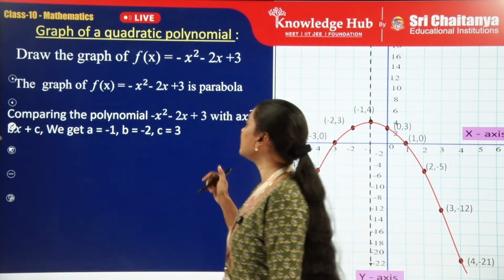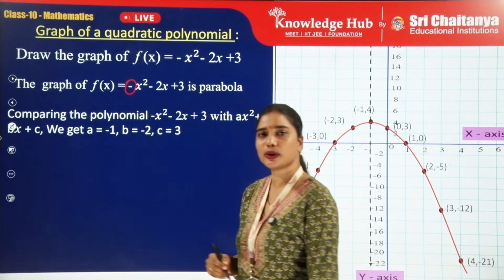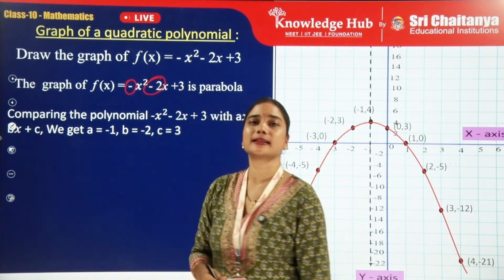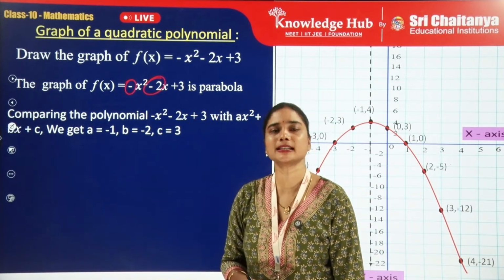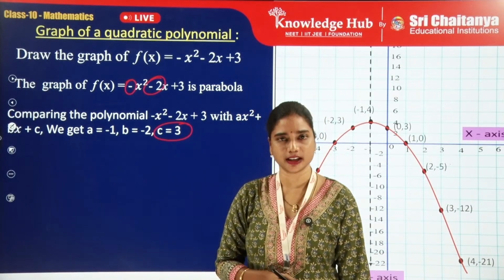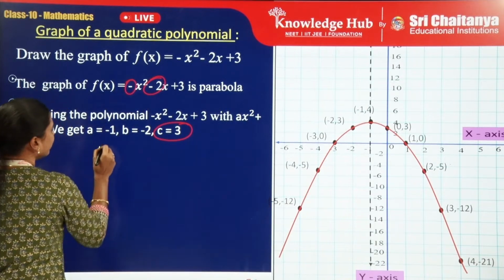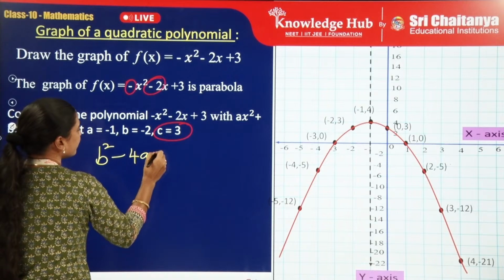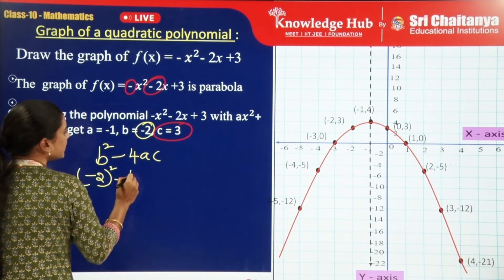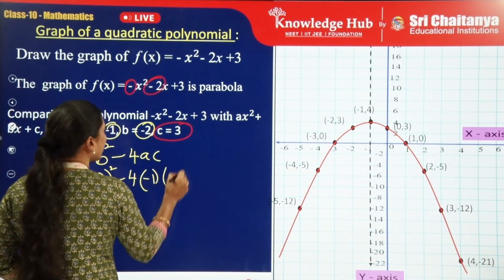From that, the value of a is minus 1, the coefficient of x square is minus 1, the coefficient of x is minus 2, so the value of b is minus 2, and the constant term c is 3. Find b square minus 4ac. So, b square minus 4ac, minus 2 whole square minus 4 times minus 1 times 3.